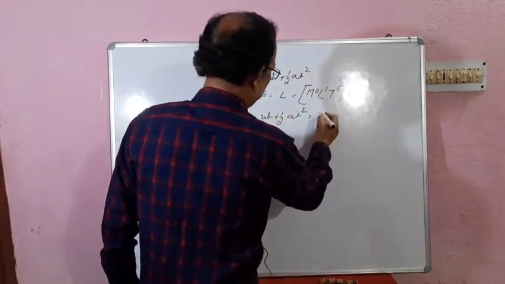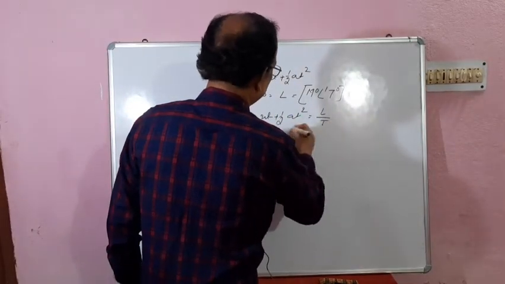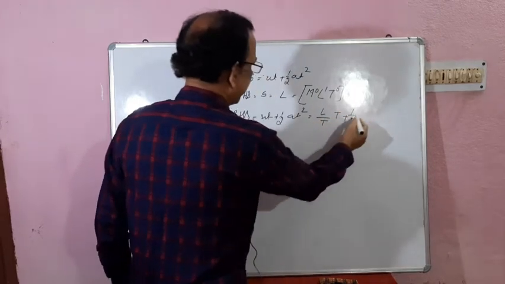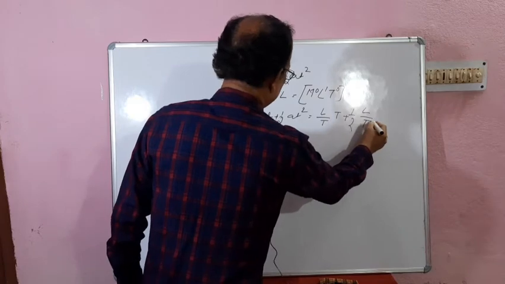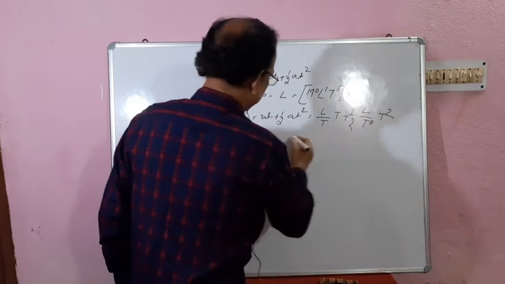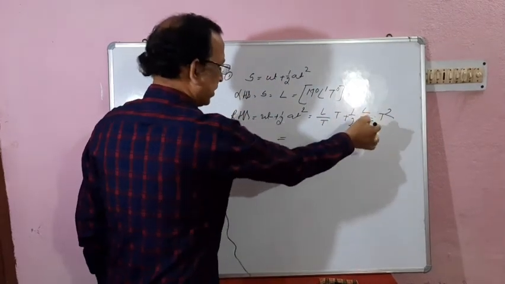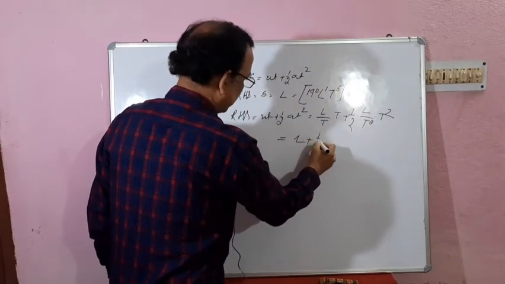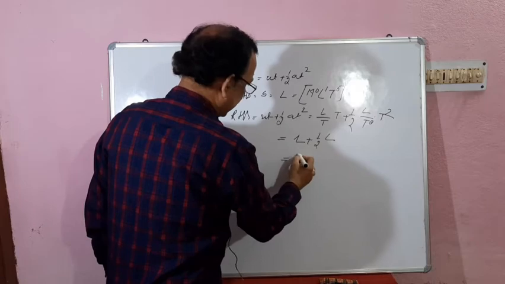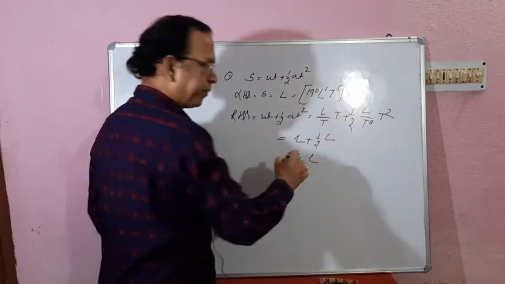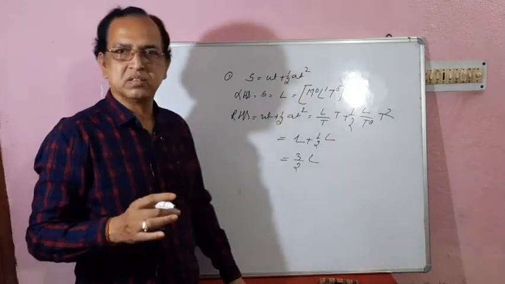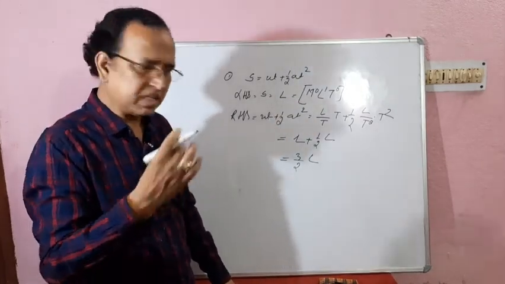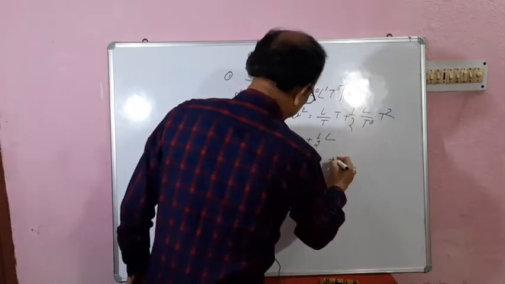So u, velocity, means L by T, then times t, plus half, acceleration is L by T square into t square. T cancels, t square cancels, L plus half L, that is 3 by 2 L. 3 by 2 is a number which is dimensionless, so only L.